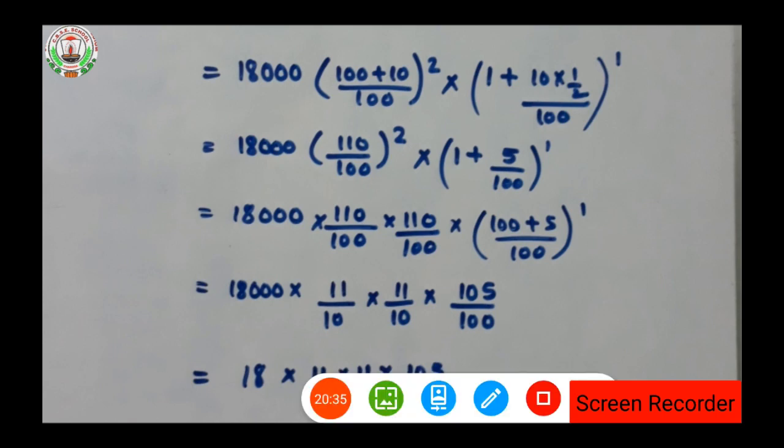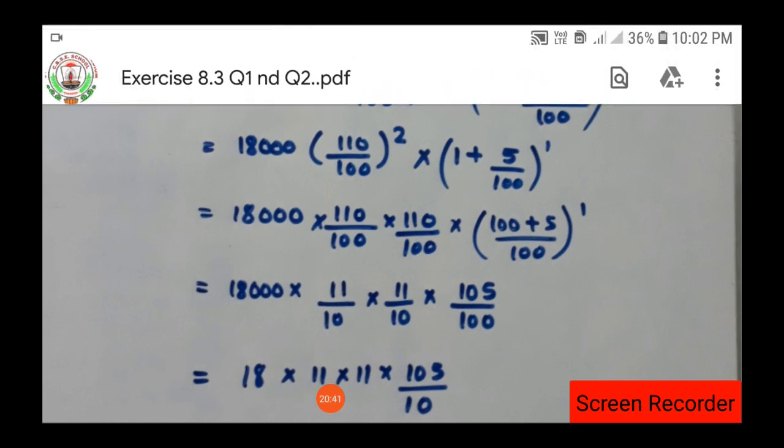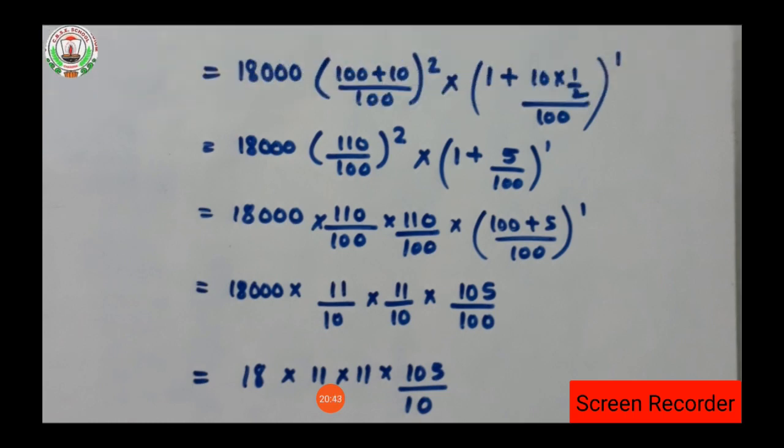When it is divided, it becomes 1 and here it will be 5. So 1 plus 5 upon 100 will be there, isn't it? Now again by the LCM method or cross multiplication, it will become 100 plus 5 upon 100, so 100 plus 5 will be 105.